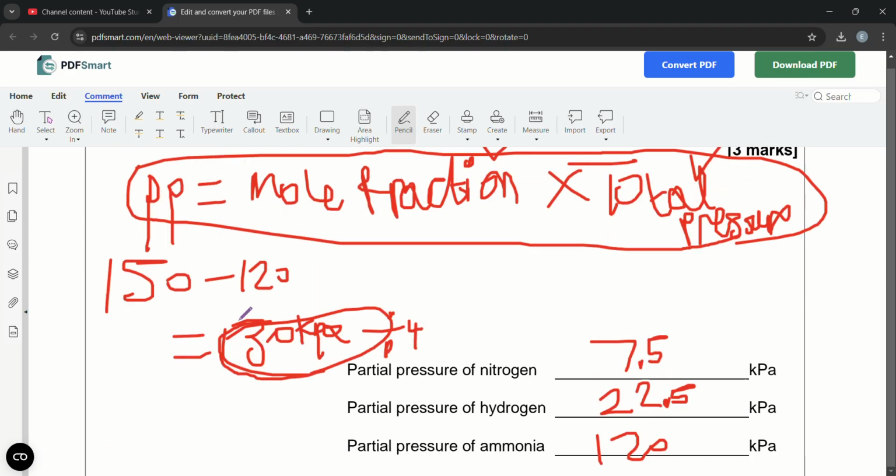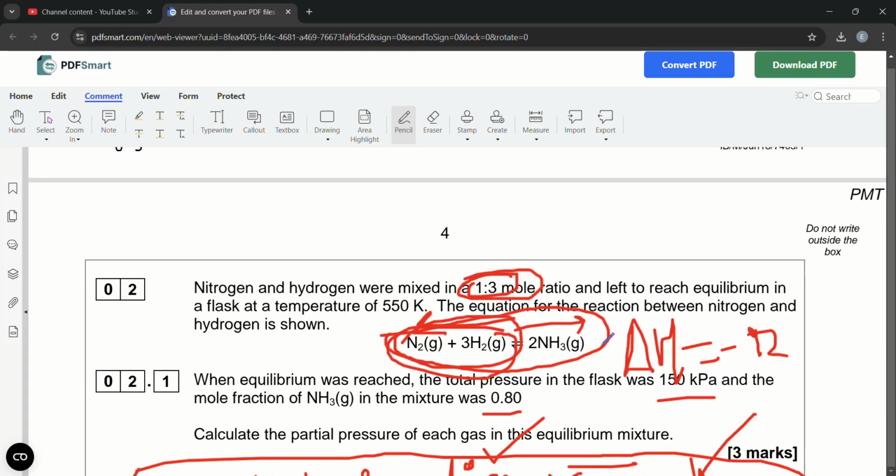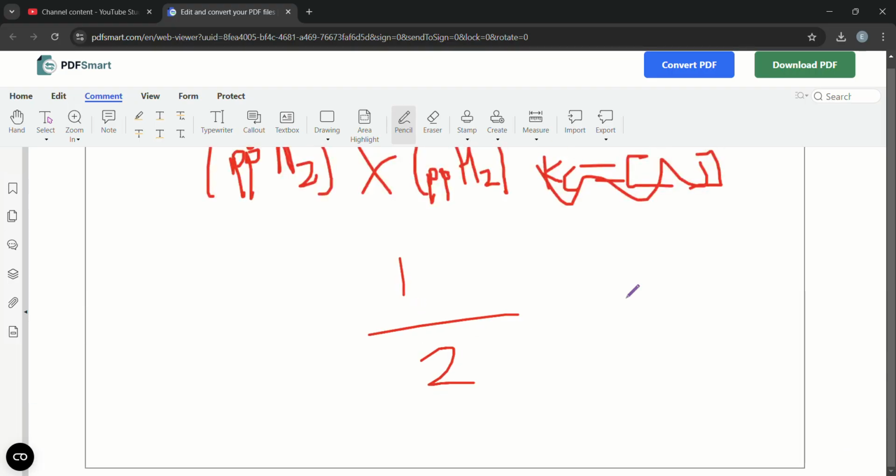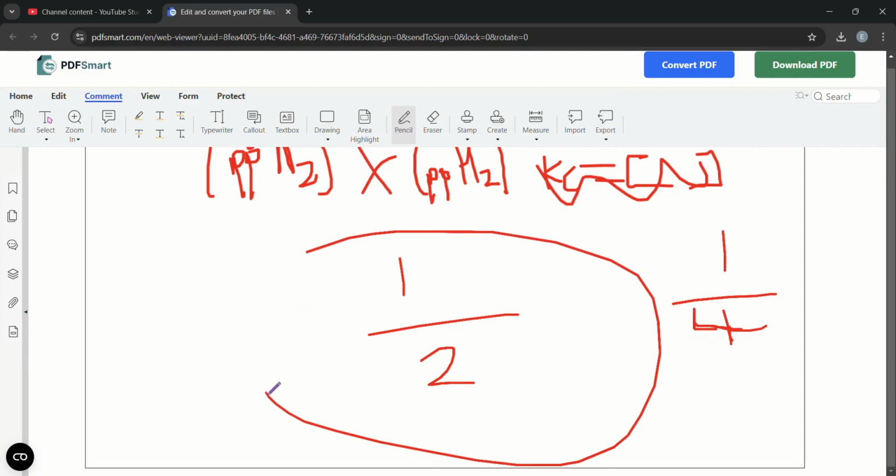Therefore, let's say you've got the products is 1 and the reactants, think about it, 1 over 2, 1 over 4. Which one is a bigger number? Obviously this one. And you can see that when we increase the denominator, the number becomes smaller.